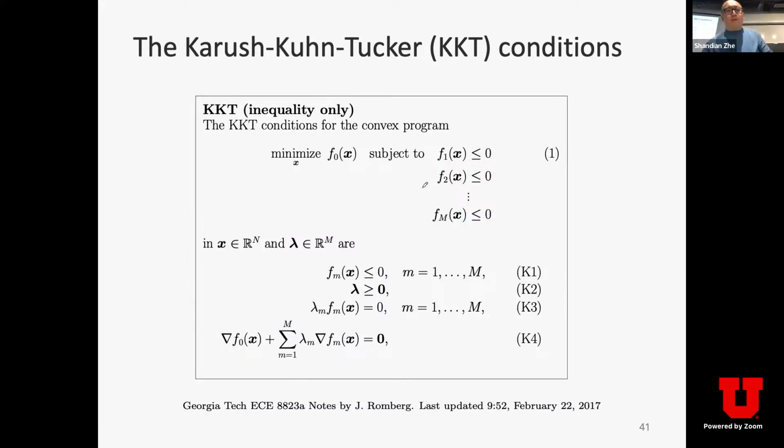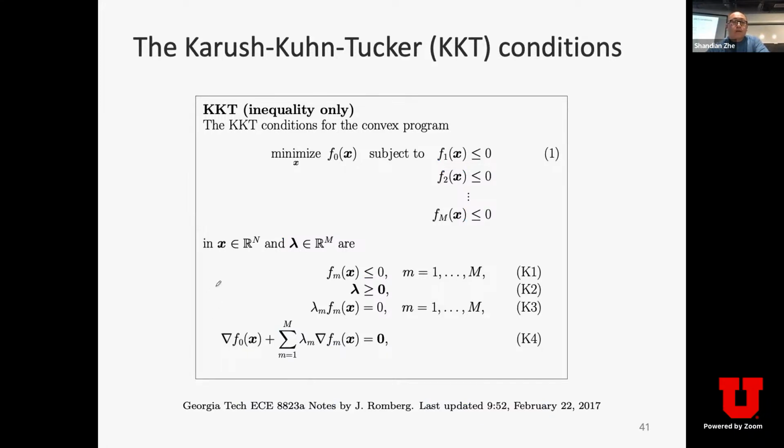Then suppose I find a pair of x and lambda. You can see x has the same dimension as the optimization variable I want to optimize in the original problem, which is just n-dimensional. And lambda has a dimension equal to the number of constraints. So given x and lambda, I want to look at whether this pair satisfies four groups of testing conditions.